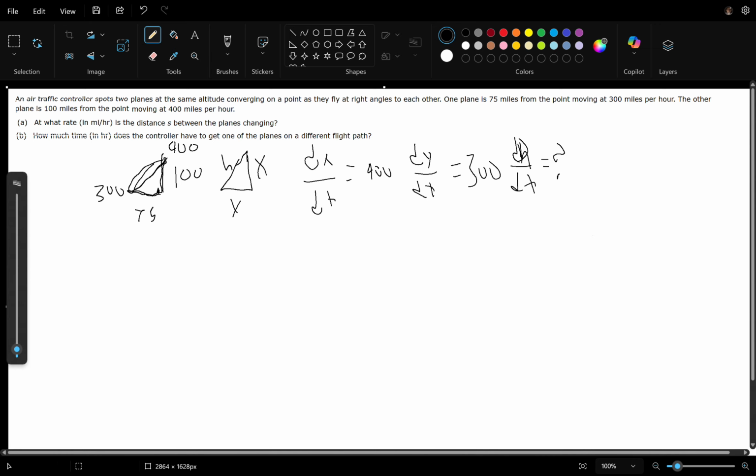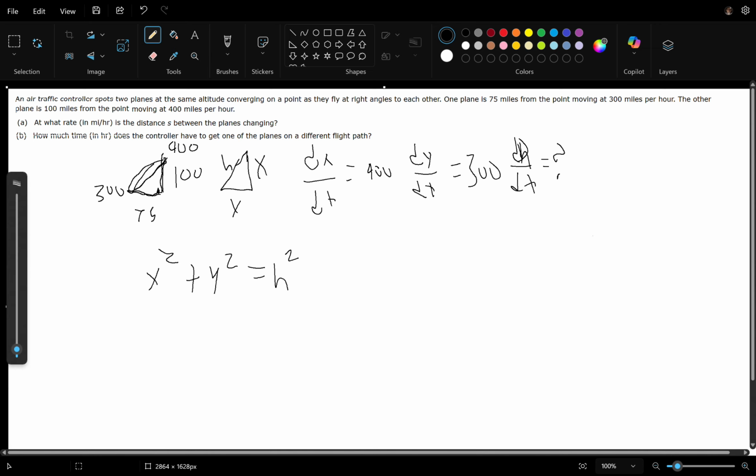So now we can use the Pythagorean theorem. So we got x squared plus y squared equals h squared. And so we can take the derivatives of them.